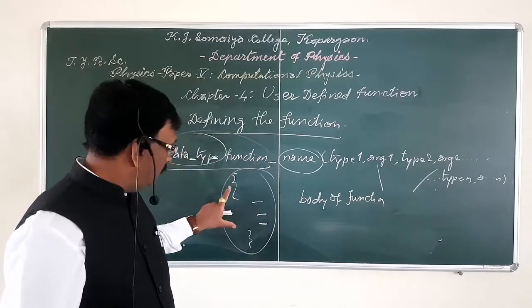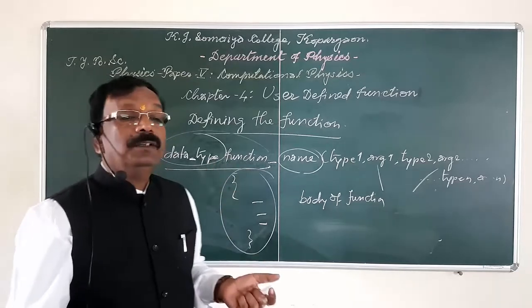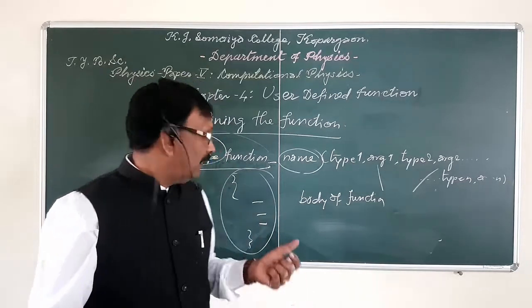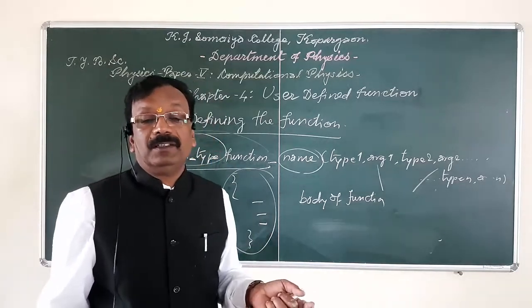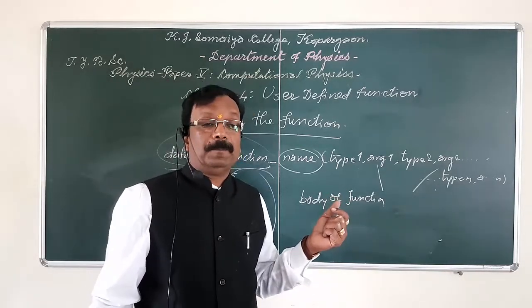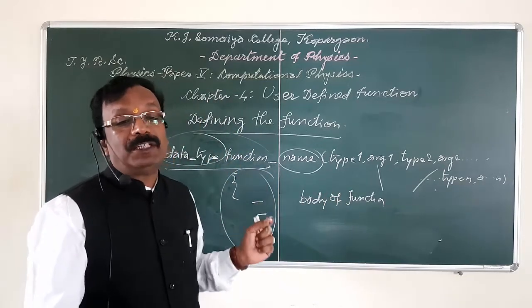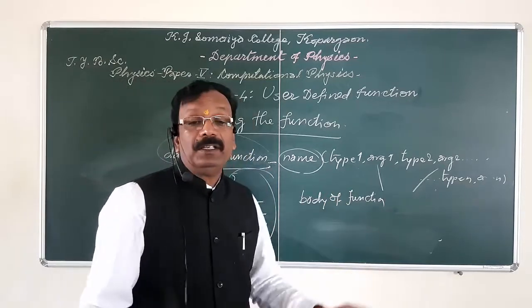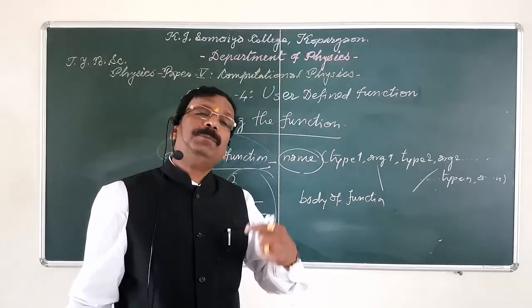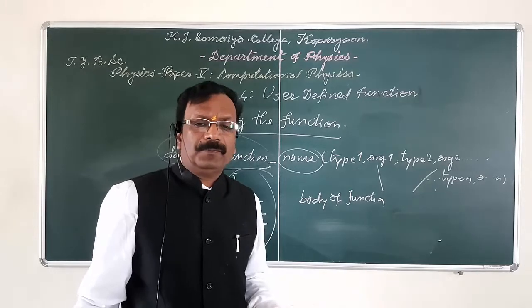This is the second part of the function definition. These are nothing but a compound statement that defines the action to be taken by the function. This compound statement is also called the body of the function, or simply body or function body.